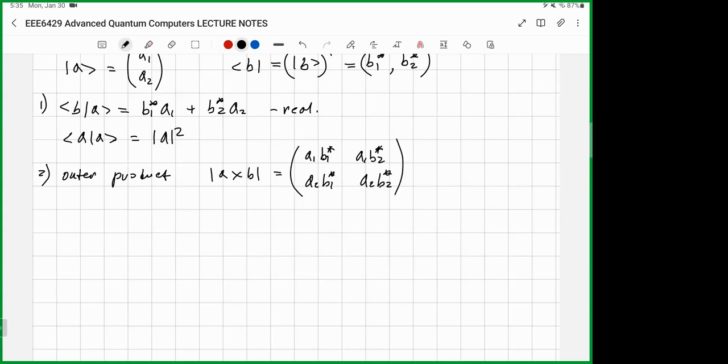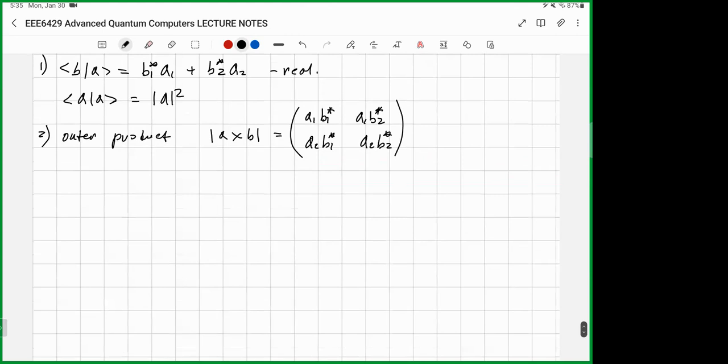So this is an operator, and in the matrix representation, this matrix is represented by these components. Basically, the products of all components of the ket vector with complex conjugation of the components of the bra vector.